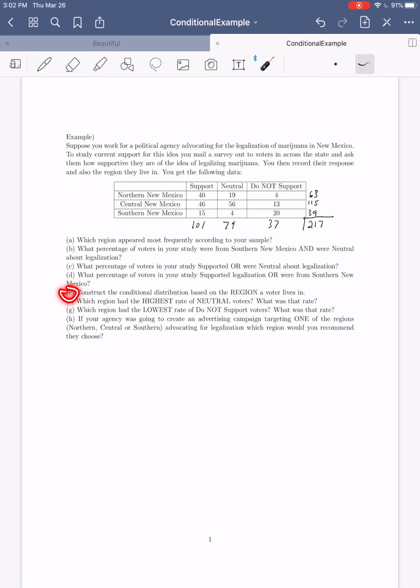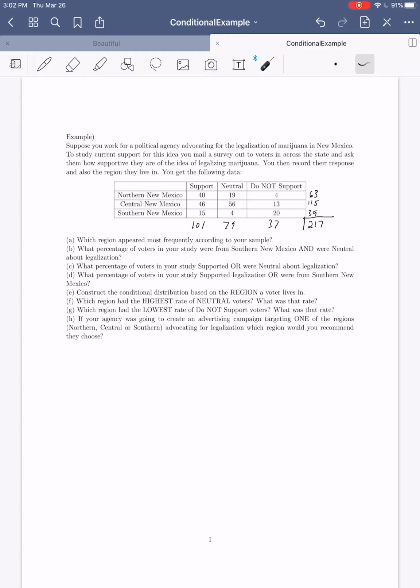Then in part E, we'll construct the conditional distribution based on the region. So we'll be treating region as the explanatory variable. Then in F and G, we'll use the conditional distribution to figure out which region had the highest rate of neutral voters and which region had the lowest rate of do not support voters.